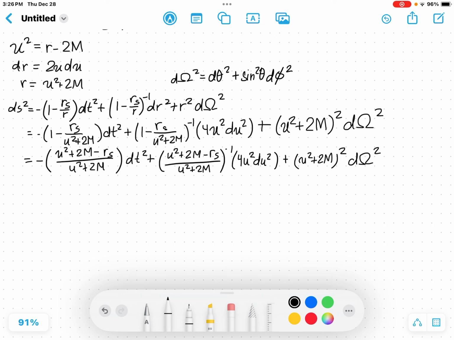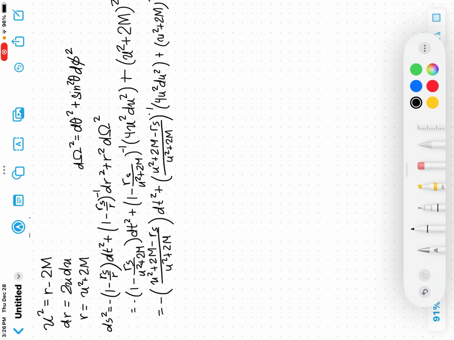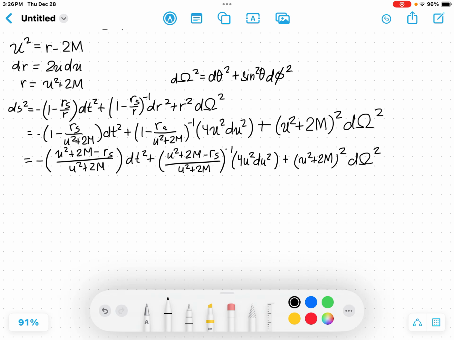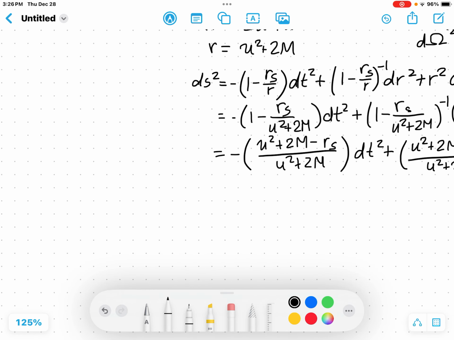Alright, before that website loads up, let's get into another formulation for this metric.